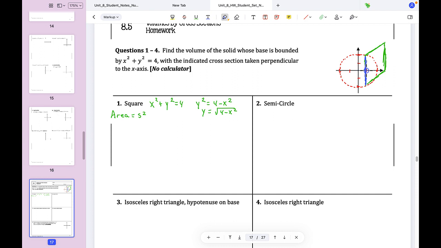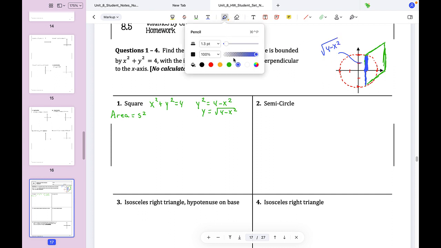If I go from the x-axis up to here, that's based on the y value or the function, so that part is the square root of 4 minus x squared.